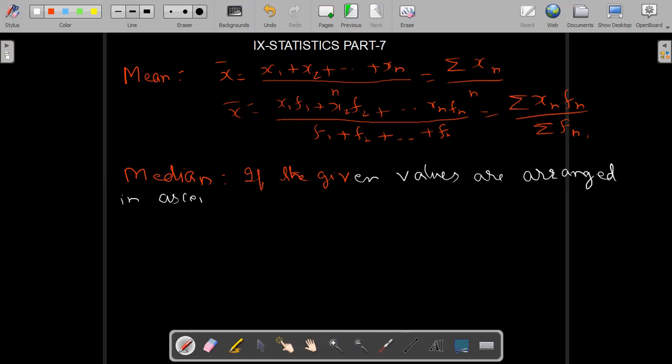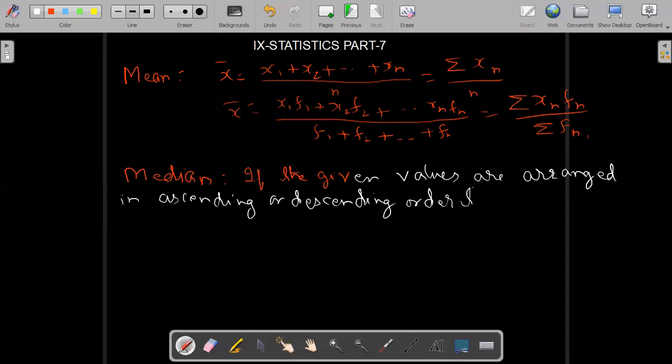We can arrange in ascending or descending order, it doesn't matter, right? Meaning highest to lowest value, or lowest to highest value. Then the middlemost value is called the median.